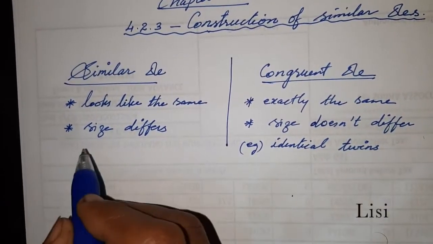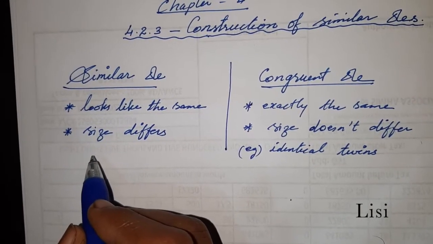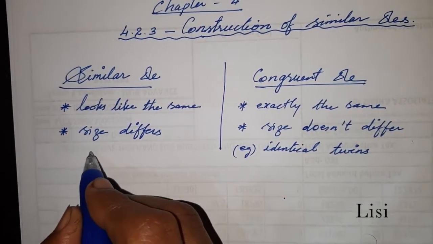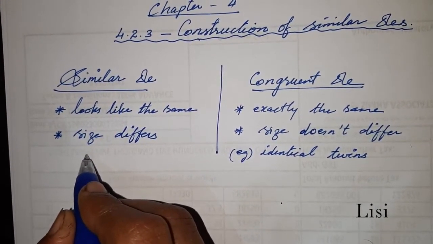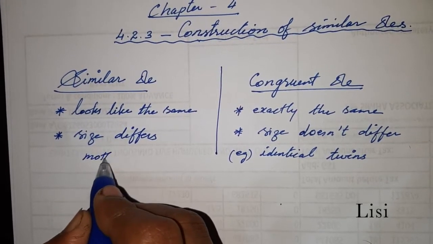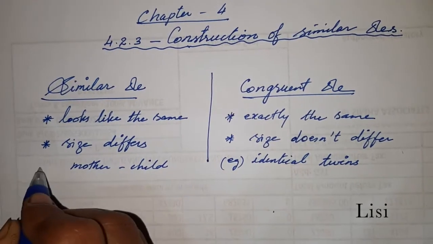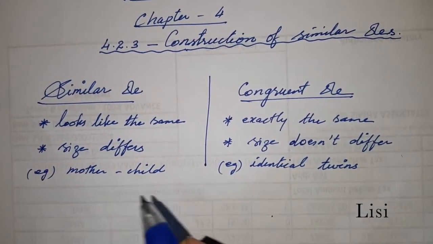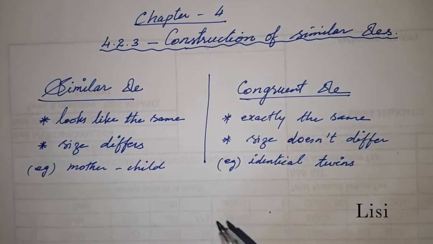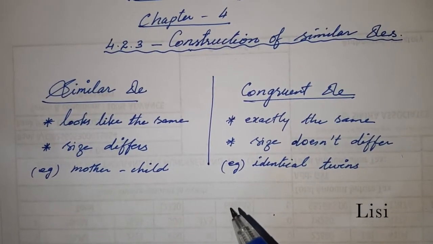And coming to similar triangles, here you can say mother and child as an example. We used to say, அப்படியே அம்மா போலயே இருக்க, உரிச்சு வச்ச மாதிரி இருக்கிறா அப்படின்னு சொல்லுவோம்.